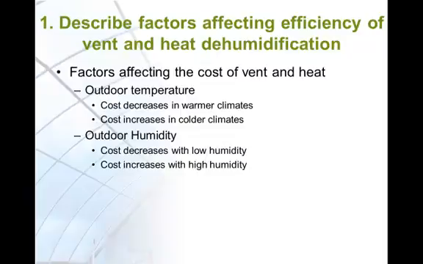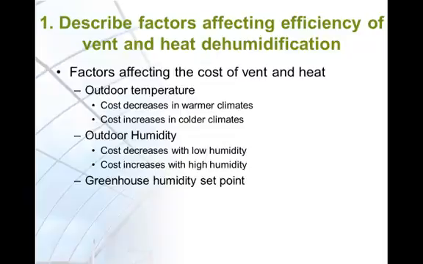On the other hand, when outside humidity is higher, more cold air mass must be heated, and the costs of vent and heat will increase. It is noteworthy that in the case that outside humidity is higher than the desired indoor humidity level, vent and heat will be ineffective. An automated system might run continuously, wasting great amounts of energy.